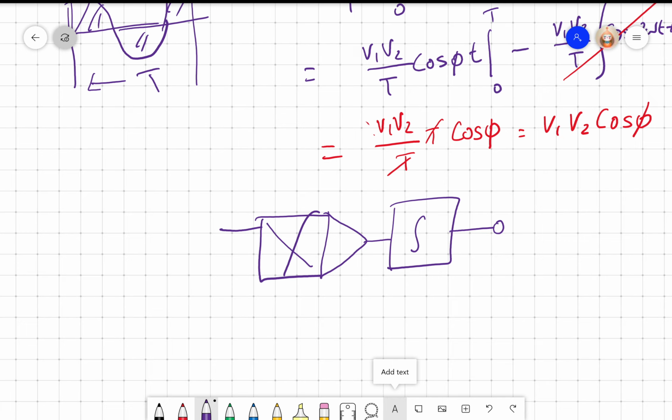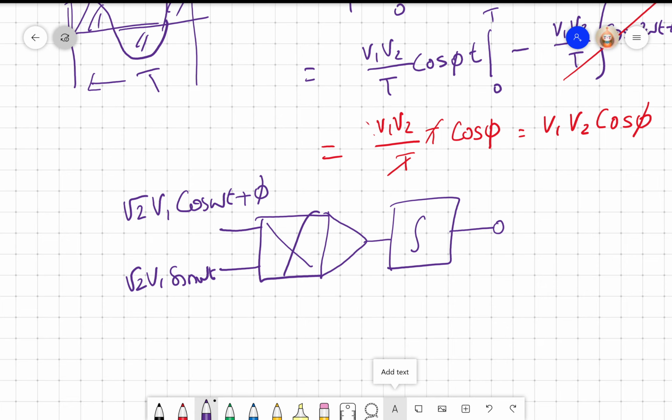One input is root 2 V1 cos omega t plus phi. The other input is root 2 V1 sine omega t, right? What I have done is, I have now put one of the inputs as sine and the other input as cos, and the sine function has 0 phase, and the cos function has phase.